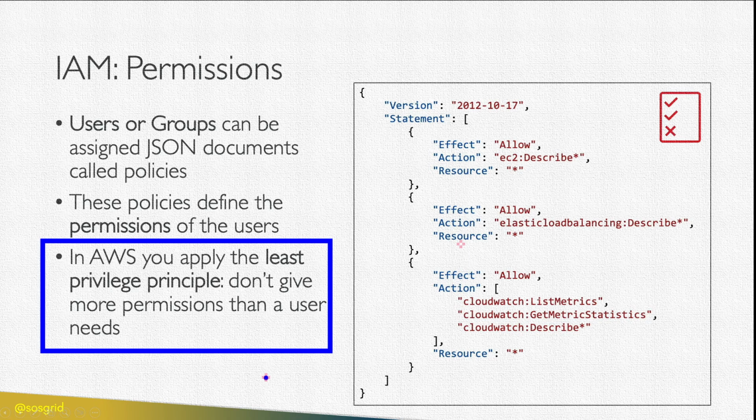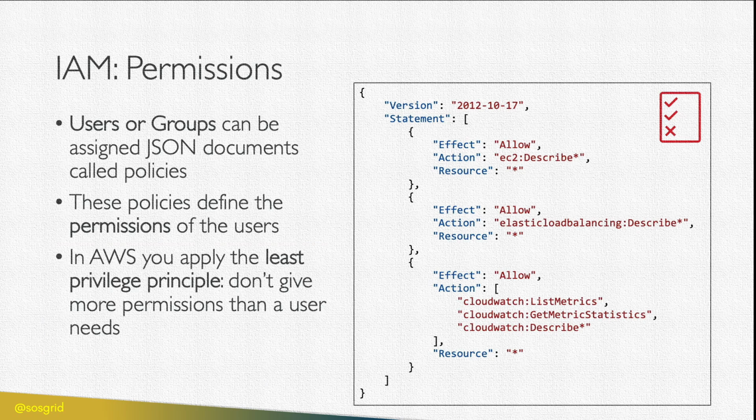It keeps the account safe from mistakes, right? So that's one important thing you need to do. If you only want a user to read certain things, don't allow them to create, delete, or update something, right? So that's what you need to know about AWS, and we will practice this in the next class.